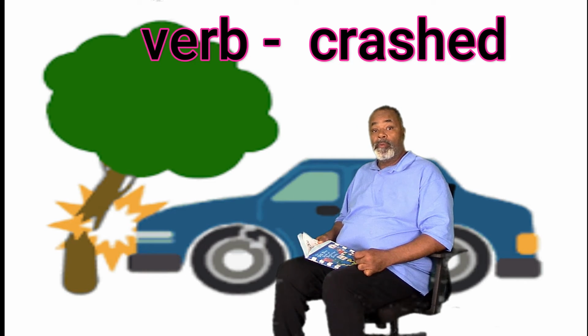When you look at this picture, what do you see? What would be a great verb for this picture? That's right. It looked like crash would be a great verb for this picture, wouldn't it? Okay, very good. Okay, what are the nouns in this picture?